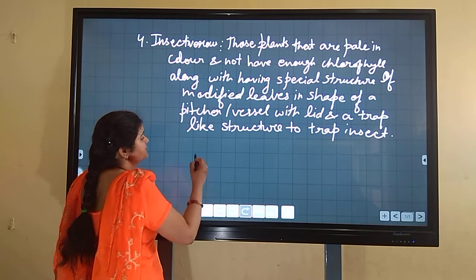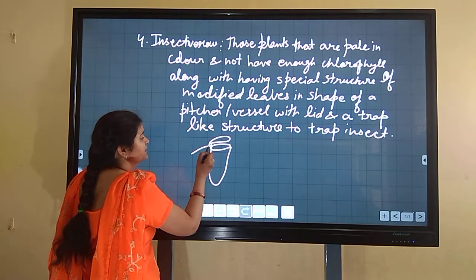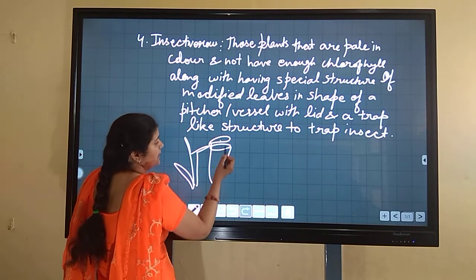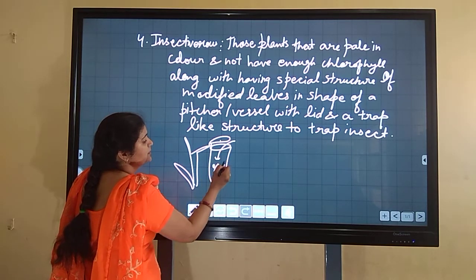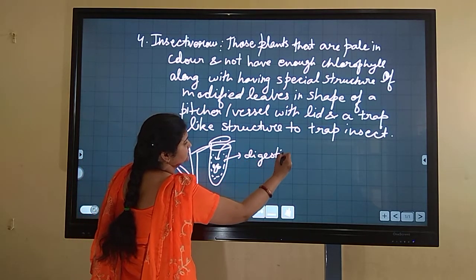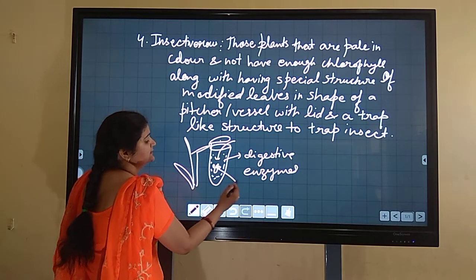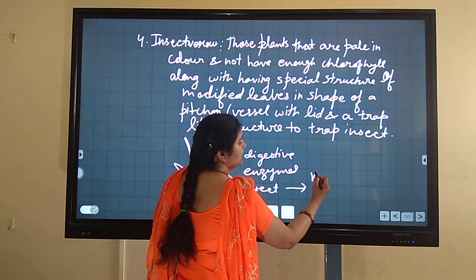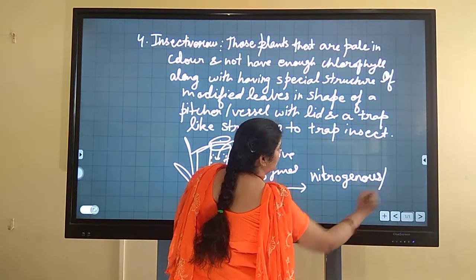So this type of nutrition is insectivorous type of nutrition. In this, the insect gets trapped into a pitcher-like leaf, and this leaf also has a lid. As soon as the insect goes deep into the pitcher, it starts releasing digestive enzymes inside it. And slowly this insect is going to be digested, and from this insect the plant will be getting the nitrogenous or protein diet.